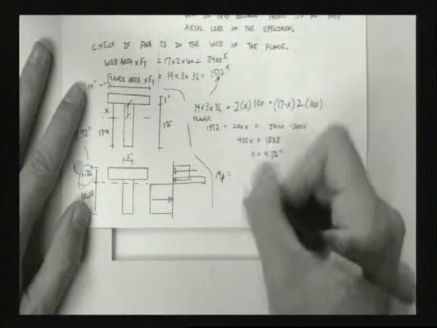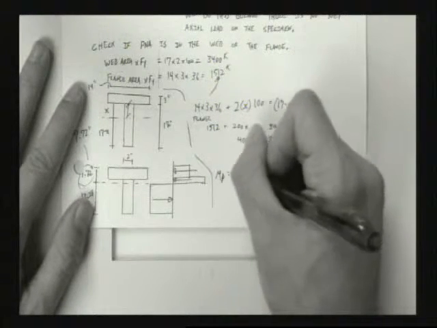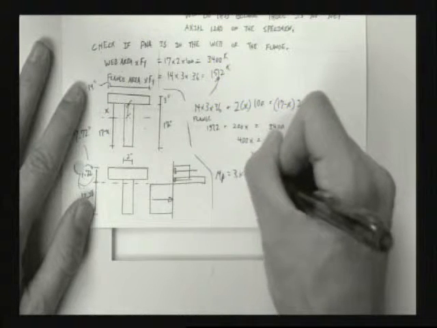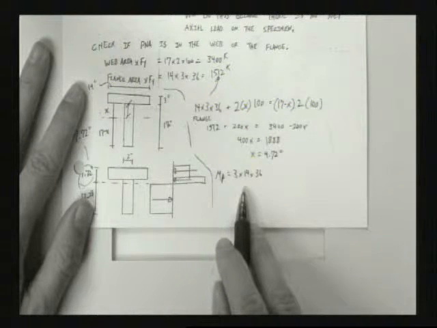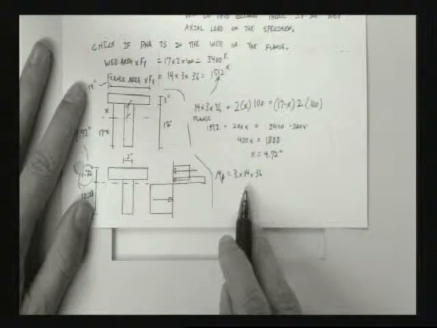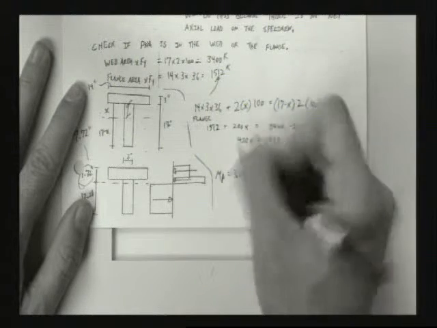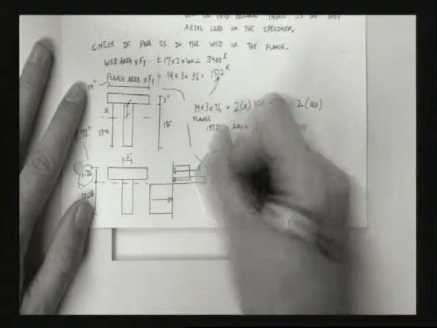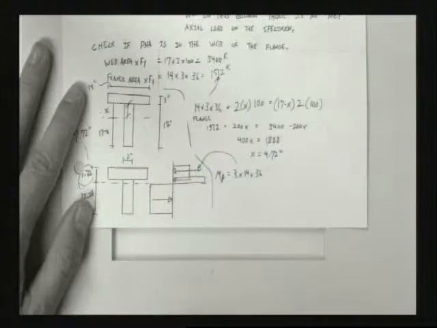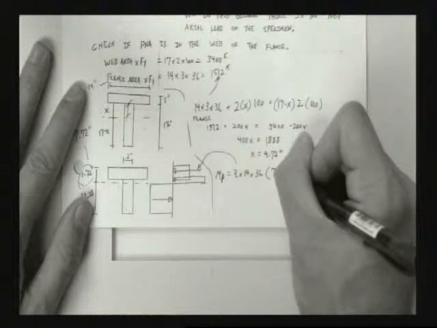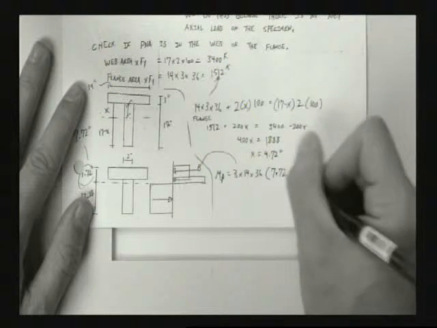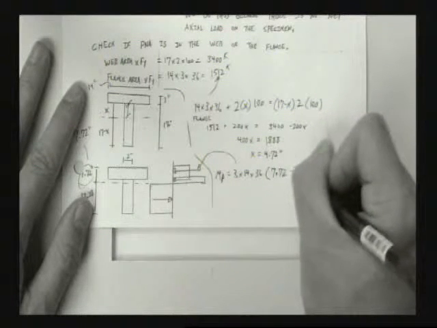M sub p. So again, 3 times 14 times 36. What's that for? That's right. I have to multiply it by a moment arm. 7.72 minus 3 halves.